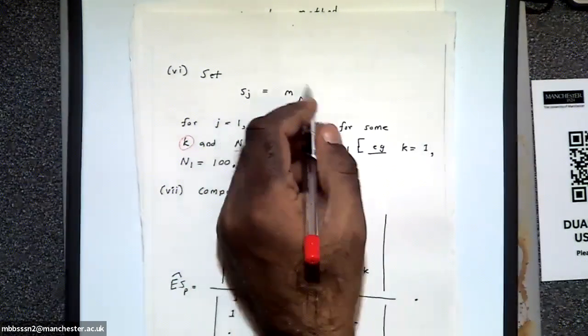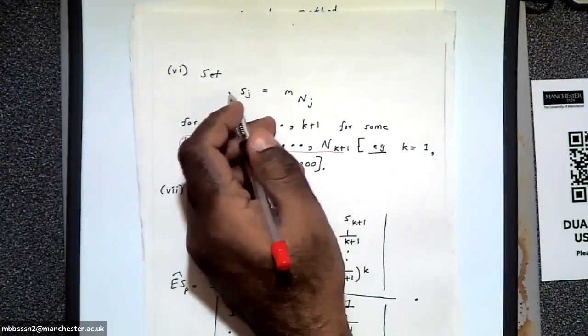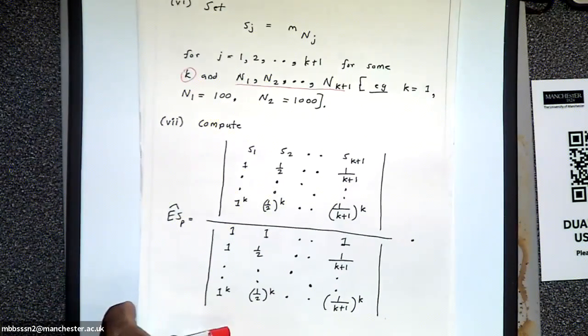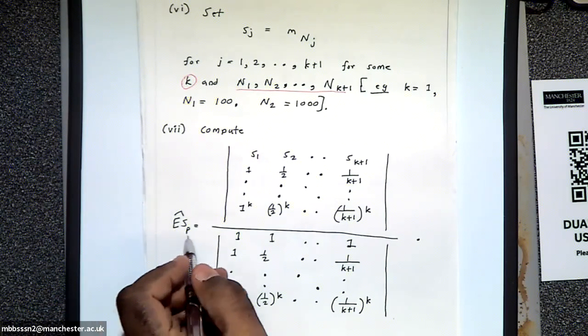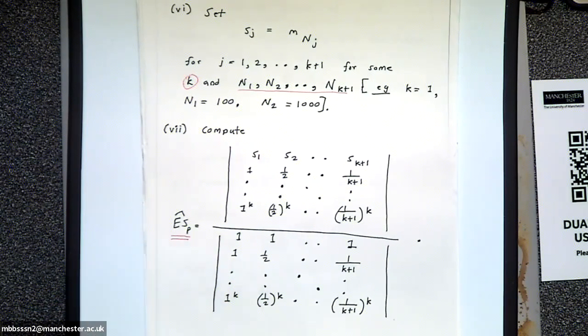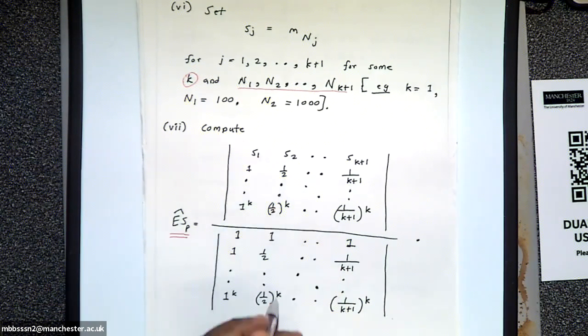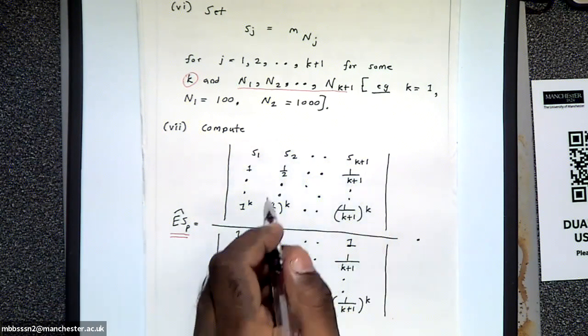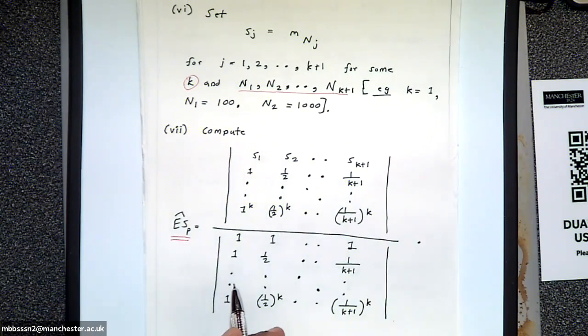And then you compute this using the previous steps. And the very final step is to define expected shortfall as the ratio of these 2 determinants. What you have here is a determinant, and what you have here is a determinant.